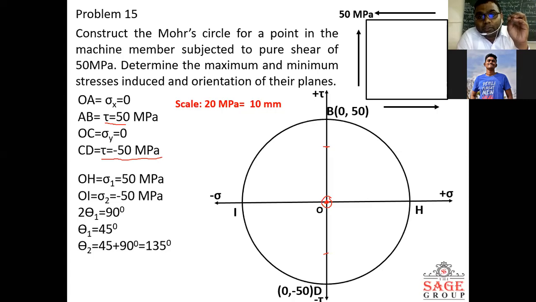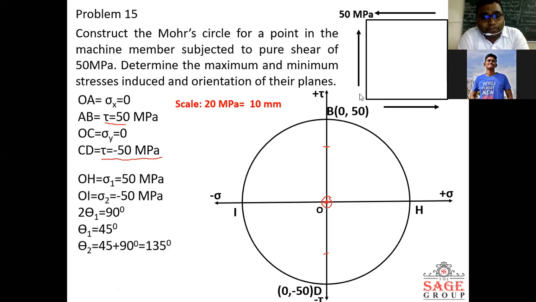It's a simple numerical, but this kind of numerical comes in competitive examinations, where they say: if an element is subjected to 20 megapascal of shear stress, what will be sigma 1 and sigma 2? In such a problem, you need not solve it. You just mark the value on the right side, against the amount of shear stress acting on that element.